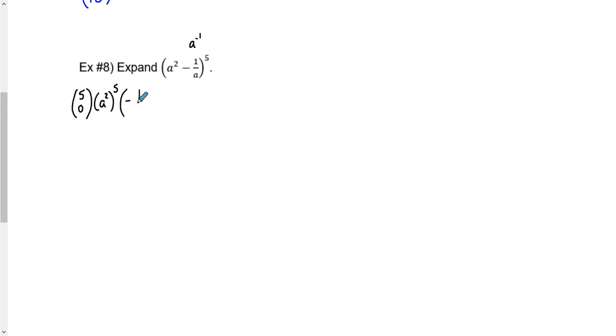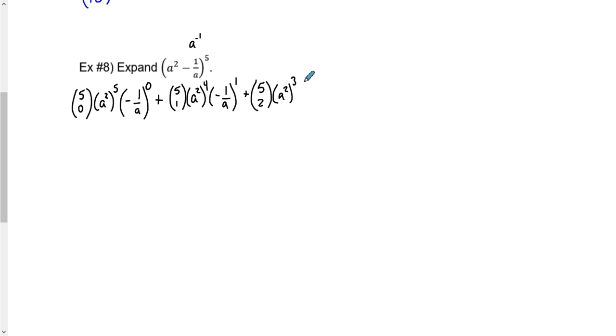But then we're going to have that -1 over a to the power of 0, plus 5 over 1, a squared to the power of 4. So I try my best to come back to the same kind of skills that we've done before, and we're just going to apply them.